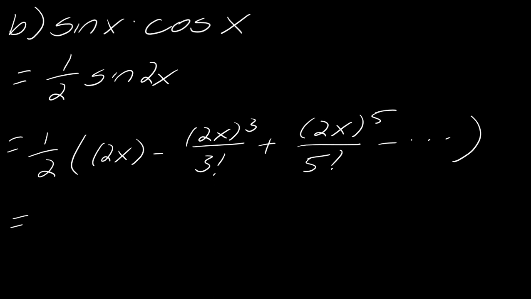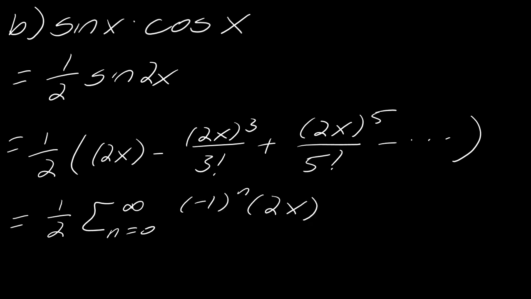I can rewrite this as, I can put a 1/2 out in front, and all my indexing really just stays the same. So I can rewrite this as the sum of -1 to the n, times 2x to the 2n plus 1 over 2n plus 1 factorial. That to me is a much easier way to approach this.